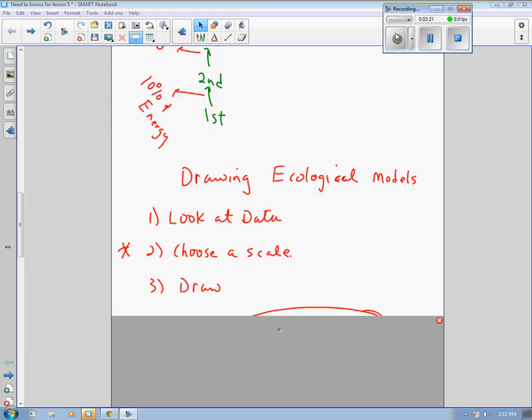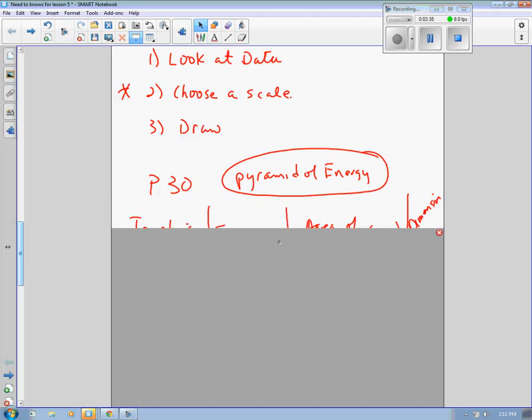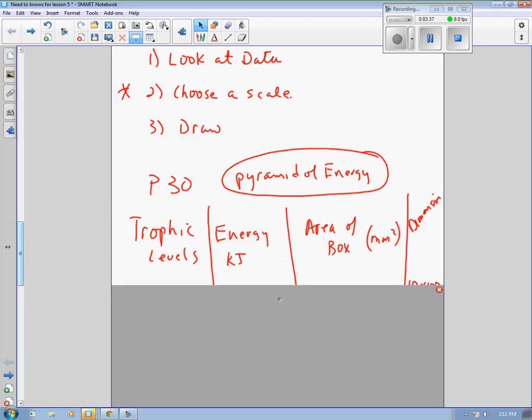So you want to look at the data, make some decisions about the scale that you want to work with, and then once your scale has been completed, do your drawing. So to kind of work through an example here, we are going to work through the example on page 30 of the textbook, the first question.